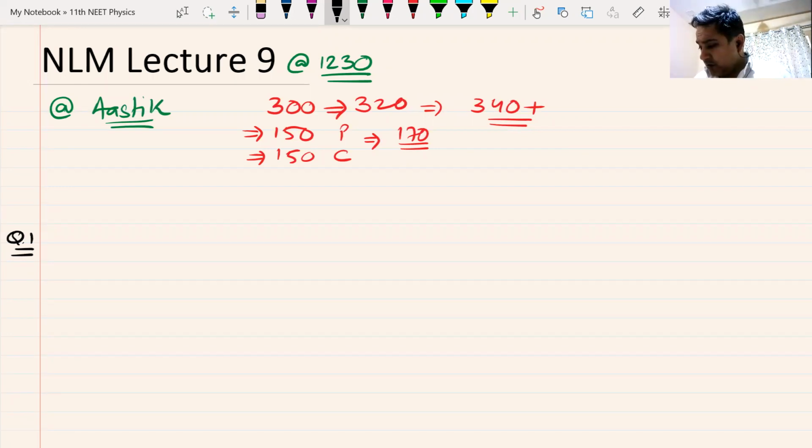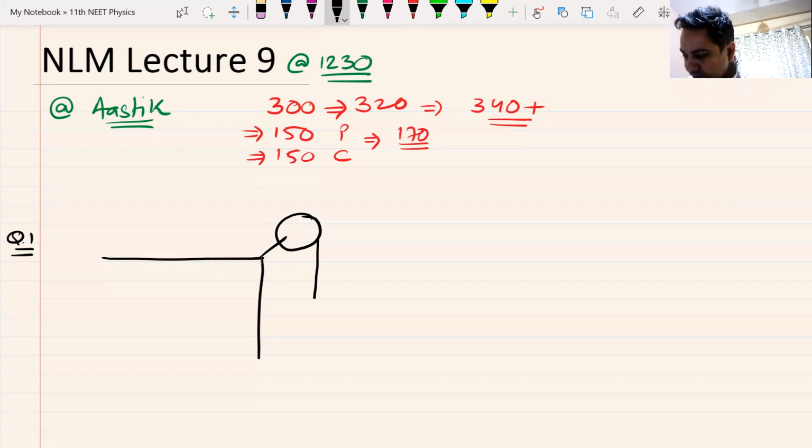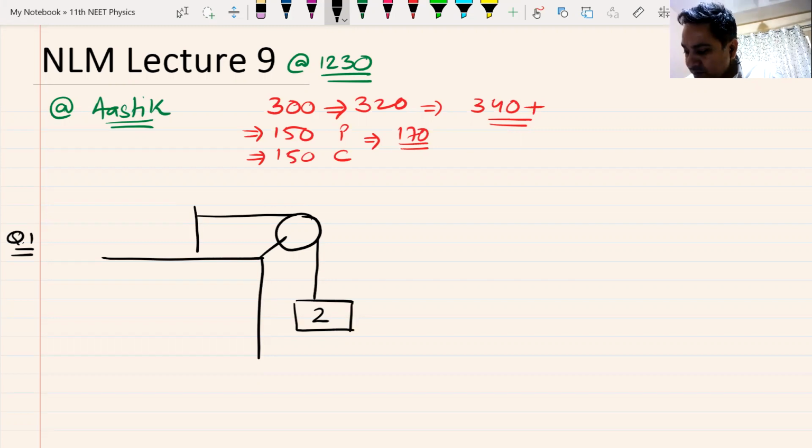Okay. What we are going to do is solve a question. We are solving Newton's laws of motion, and this is the question. This is a mass of 2 kg. This is a mass of 3 kg.